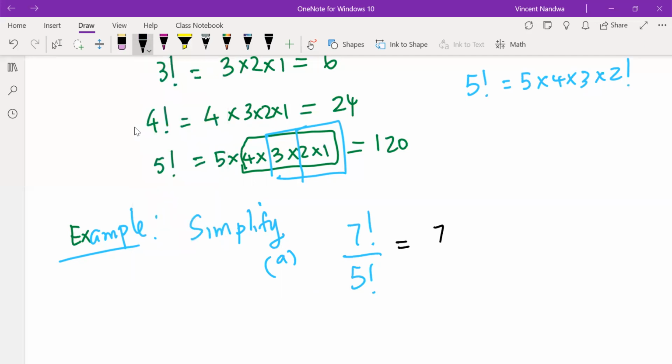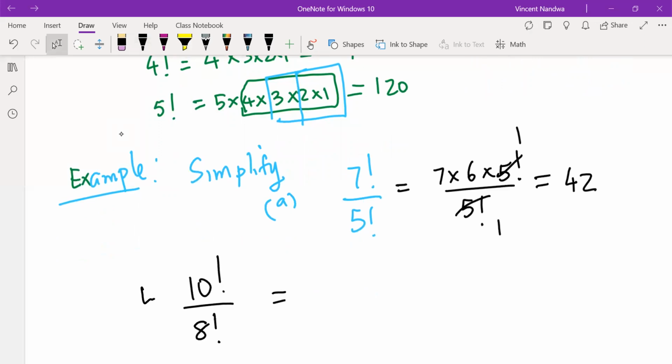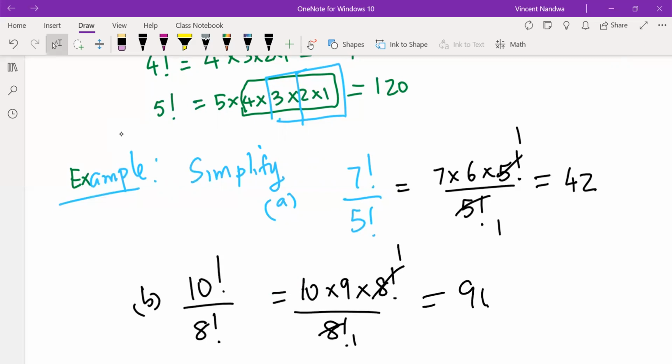So this means 7 times 6 times 5 factorial over 5 factorial. So this is 1, this is 1. So this is 42. And then if you are given 10 factorial over 8 factorial, you simplify this as 10 times 9 times 8 factorial divided by 8 factorial. So this and this cancel out. So this gives us 90.